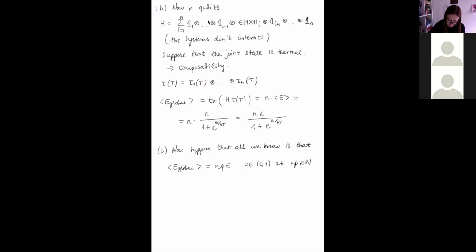And so this is the first assumption that we make. So we forgot about how we just computed the global energy for the thermal state. We just assume that we have this energy of the global state.